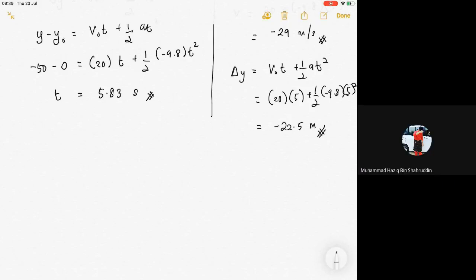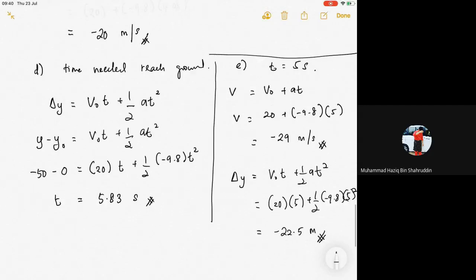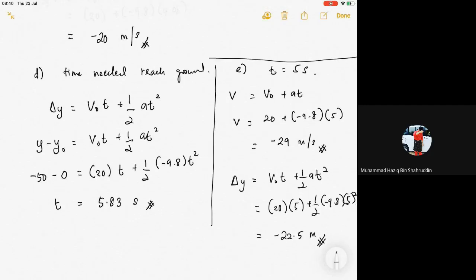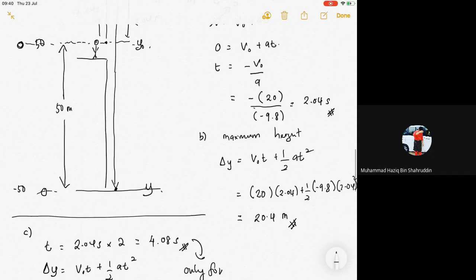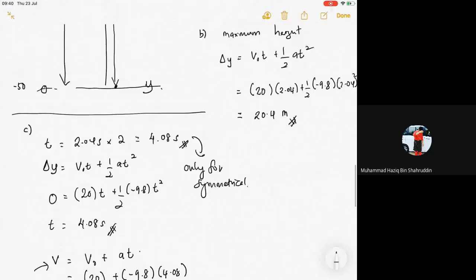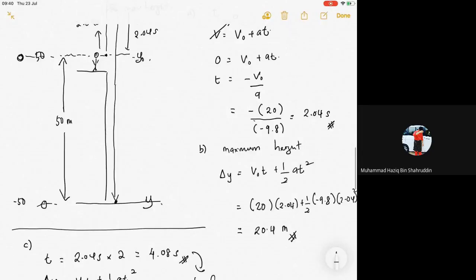Sir, ada soalan. Yes. Soalan A dan soalan C, dia kan suruh cari time, tapi kenapa guna equation yang lain-lain?